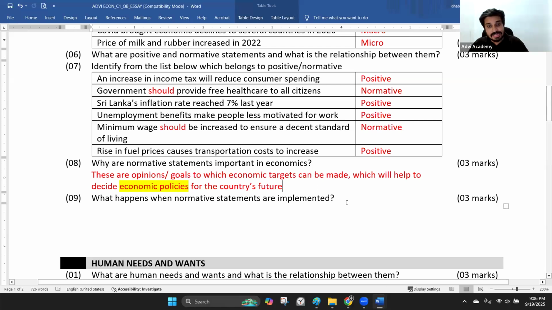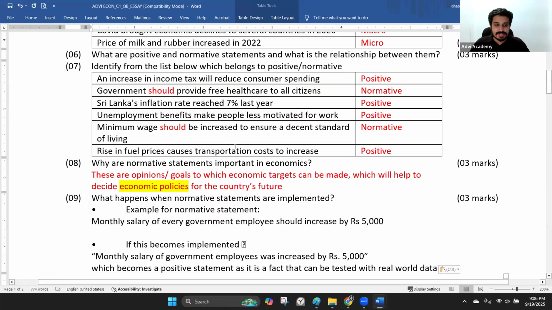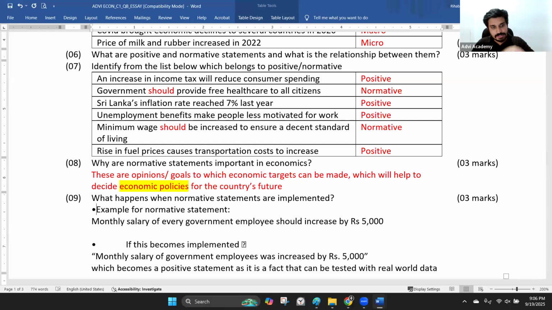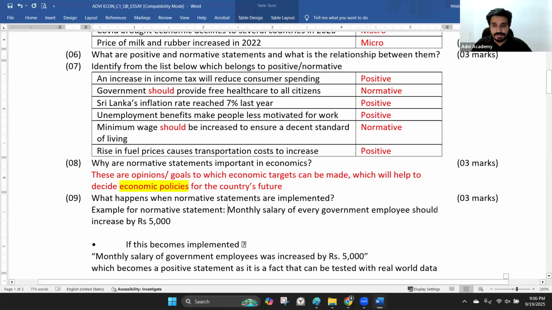Fair enough. And the last question is, what happens when normative statements are implemented? I told you that the relationship between the two is that only. Whenever normative statements are implemented, they become what? Positive statements, end of the day. So you can give the definition for normative statement, then give an example. You can say, okay, monthly salary of every government employee should increase by 5,000.